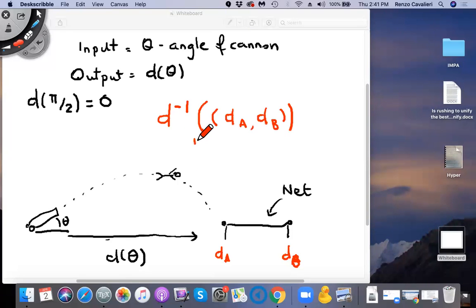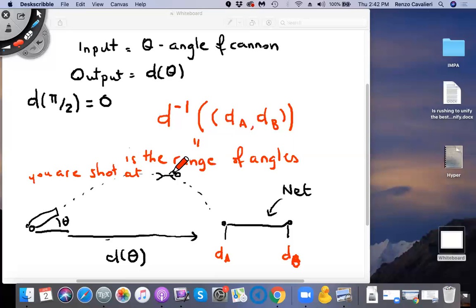And what's the interpretation of this inverse image? It is the range of angles that you're shot at that makes you land into the net.